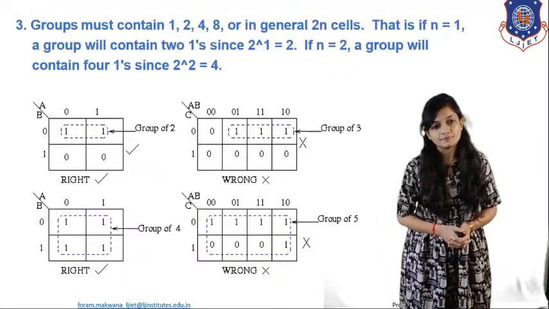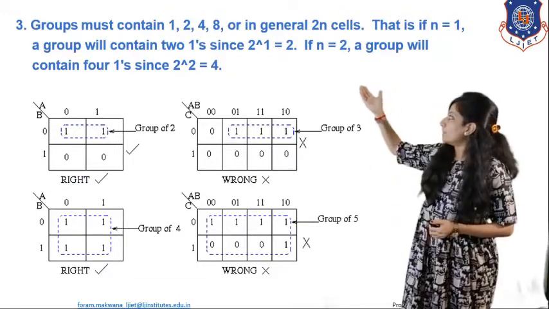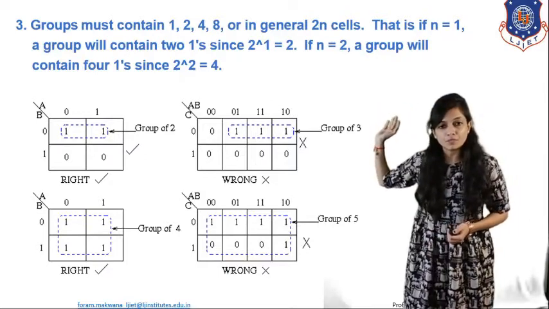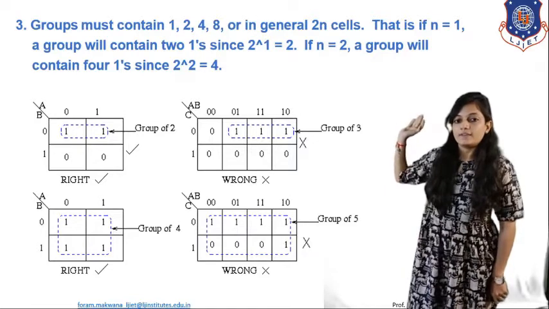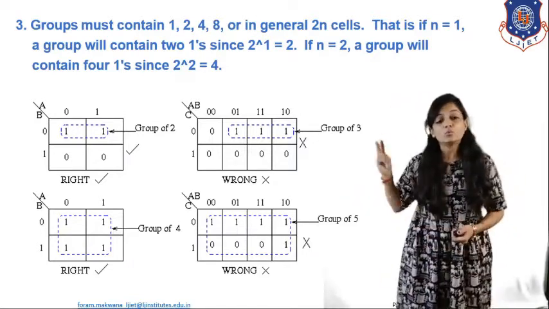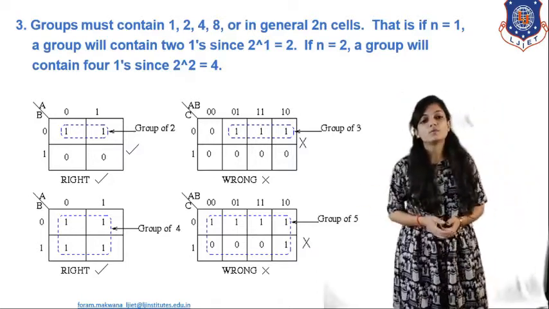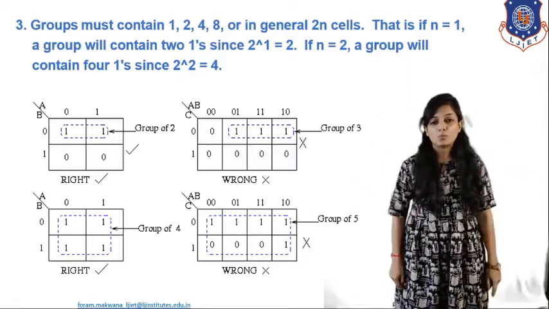Third rule, the groups must contain 1, 2, 4, 8. That means an even number, 2 raised to n cells, right? Or I can say, if n is equal to 1, the group will contain 2 ones, since 2 raised to 1 is equal to 2. If n is equal to 4, it contains a total of 16 ones.